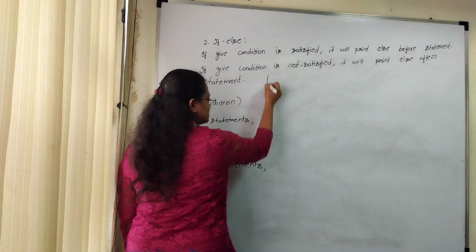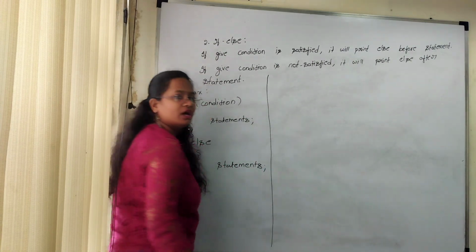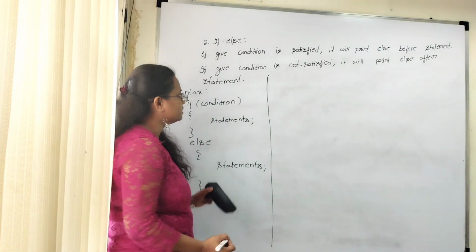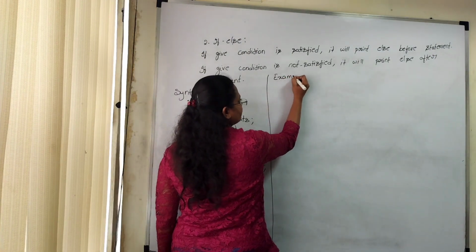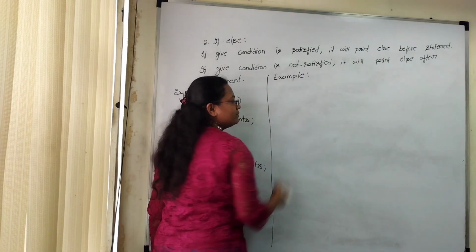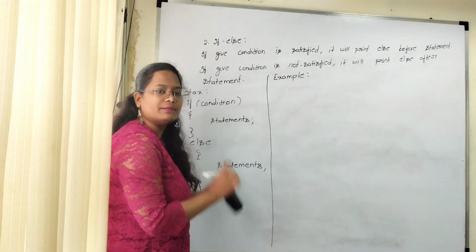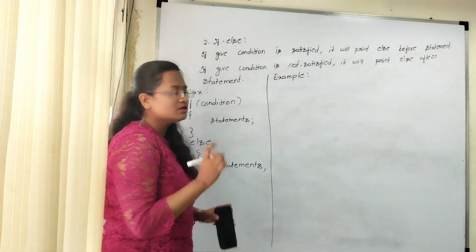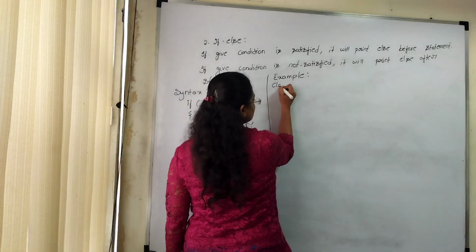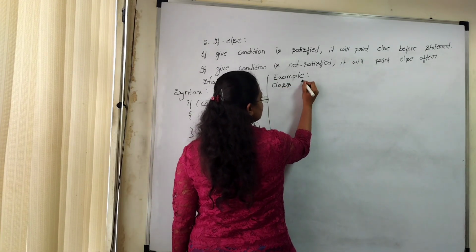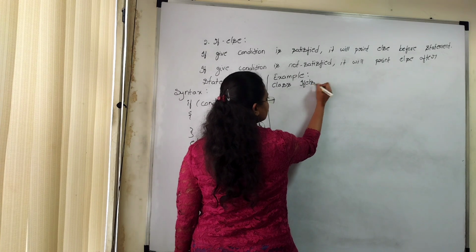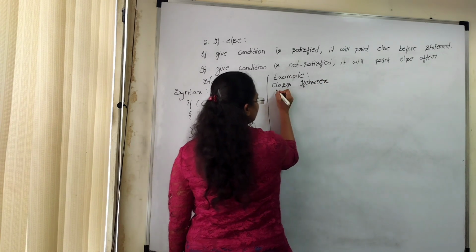Now we can see one program, how we can represent an if else statement. For simple if, whatever example I am taking, the same example I am taking for if else. So let us see. Class, I am writing here IfElseExample.